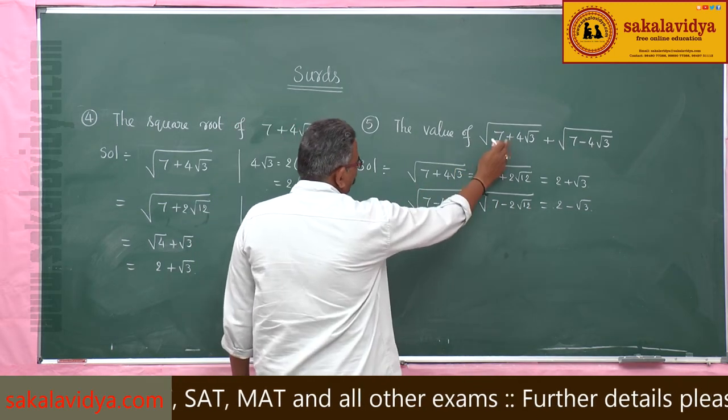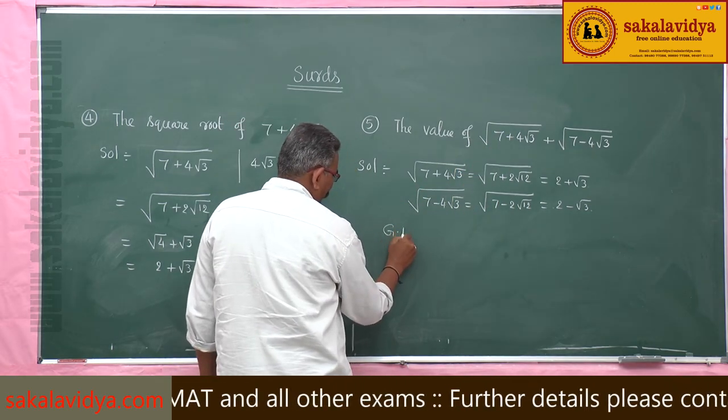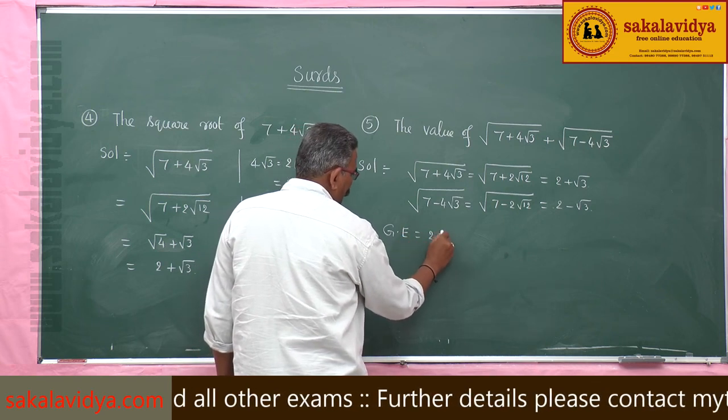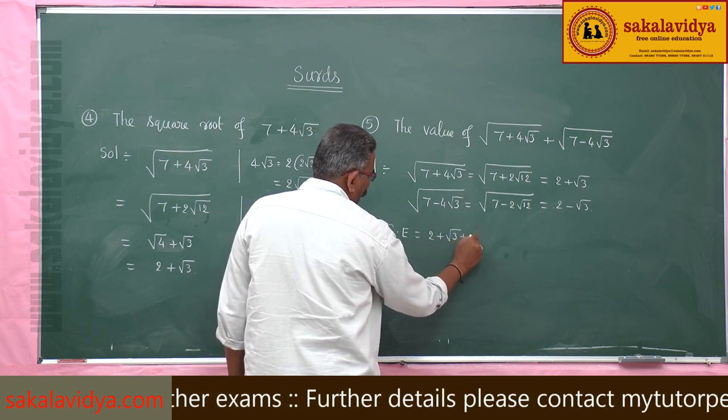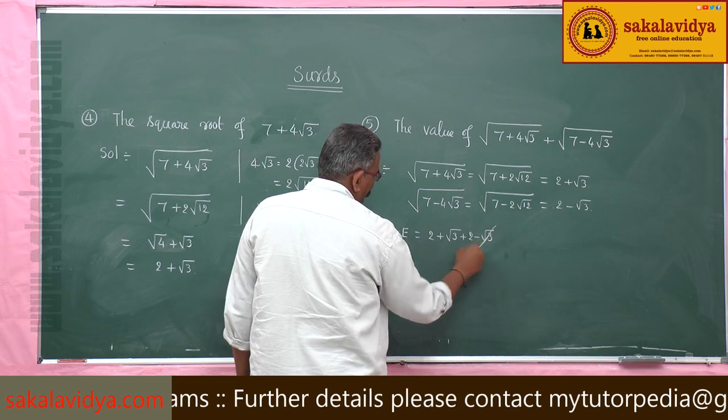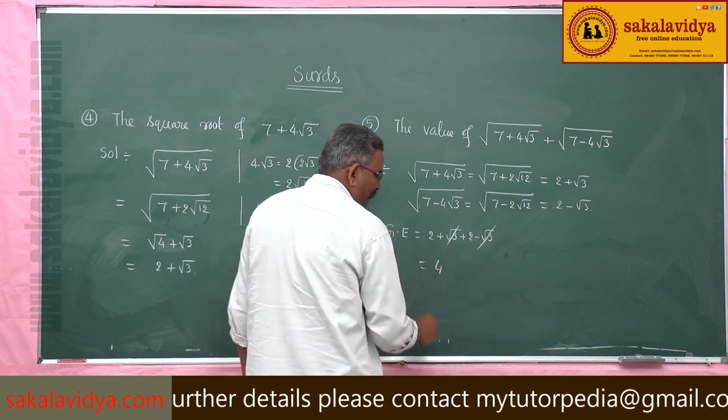So, the given expression becomes 2 plus root 3 plus 2 minus root 3. So, the answer is 4.